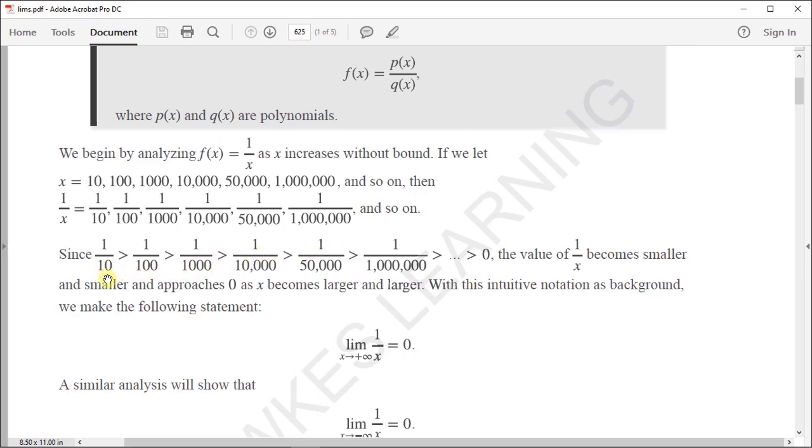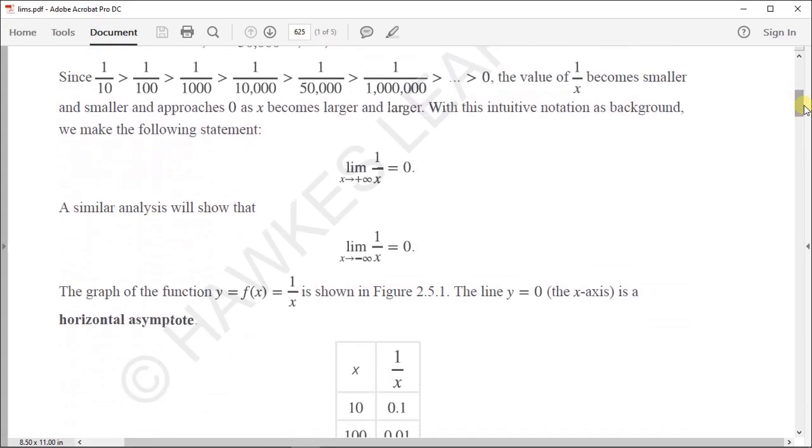Put 1/10 in a calculator: 0.1, 1 over 100, 0.01, 1 over 1,000, 0.001, etc. As you get these bigger and bigger numbers on bottom, you get closer and closer to 0. So we say the limit approaches 0. And the notation for limits, we'd say the limit as x approaches infinity for 1 over x equals 0.